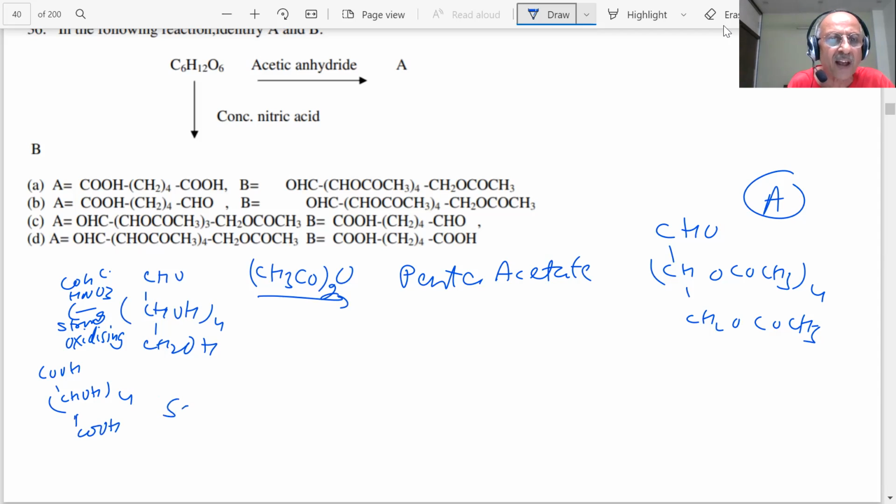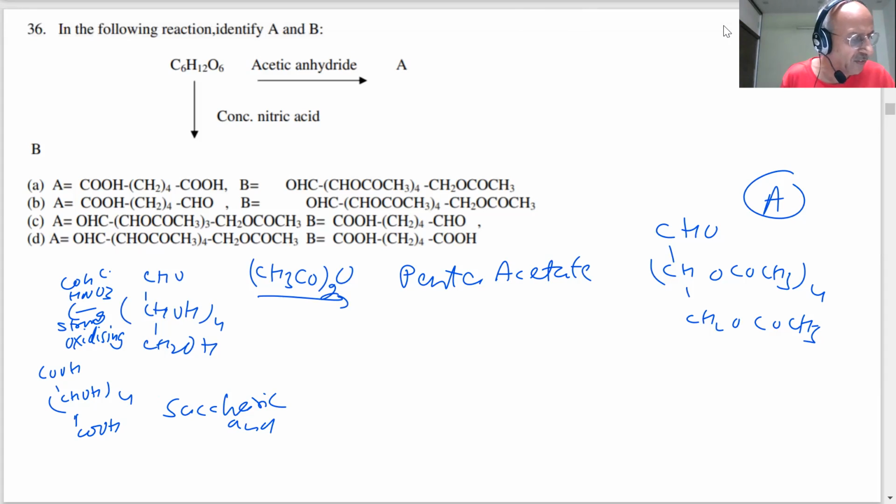What we call this as saccharic acid, students. Saccharic acid will be there. So where is that, student? The result of this will be, which answer is coming in this case?